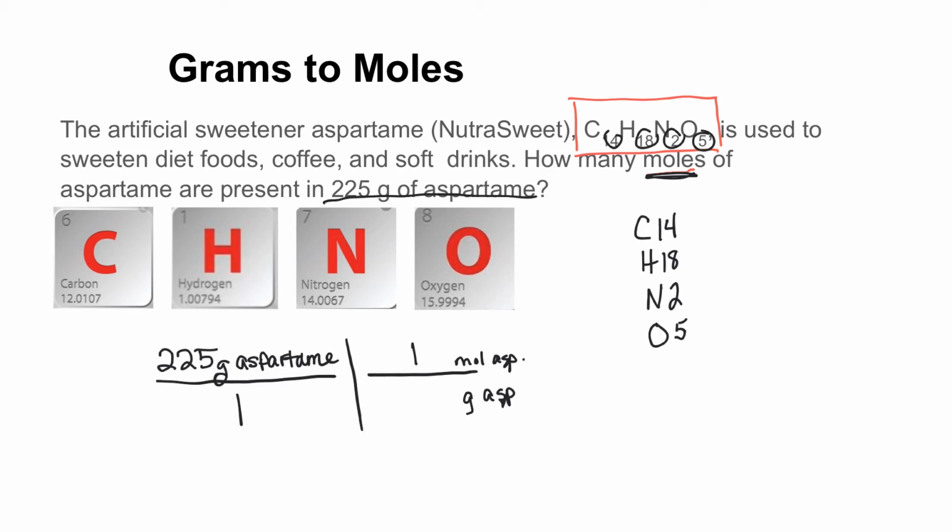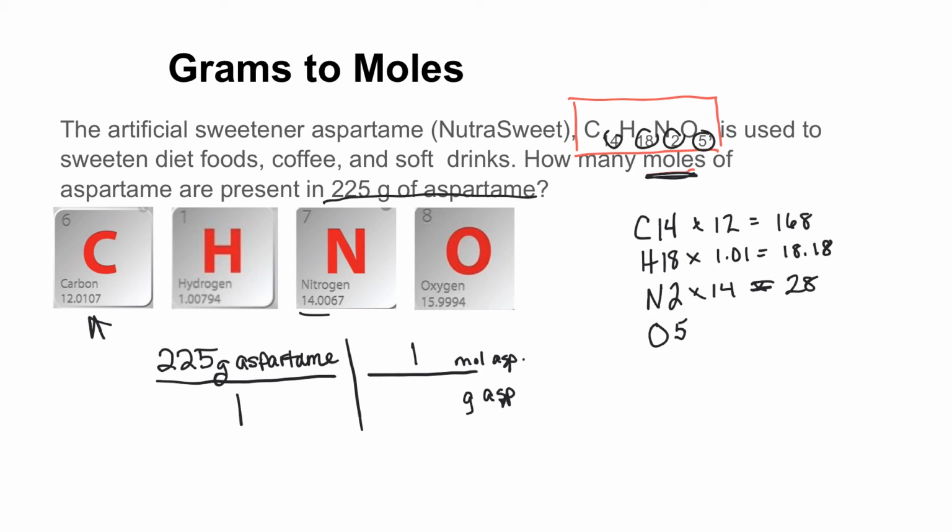So carbon we know is 12. And over here, carbon's 12. So 14 times 12 and you get 168. Hydrogen is 1.01. You're going to get 18.18. Nitrogen is 14. 14 times 2 equals 28.